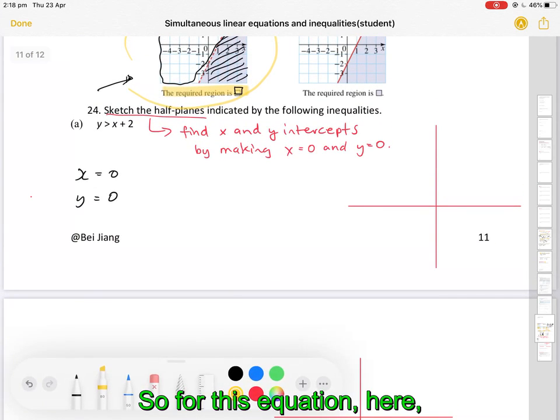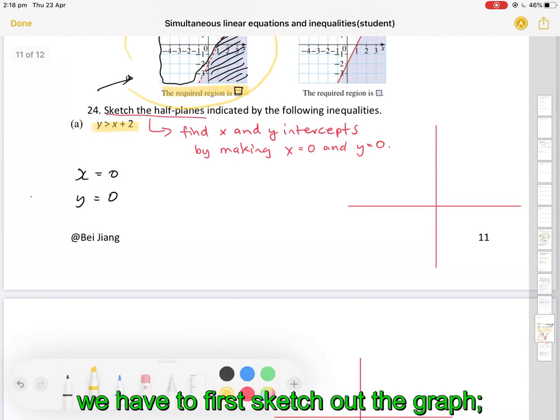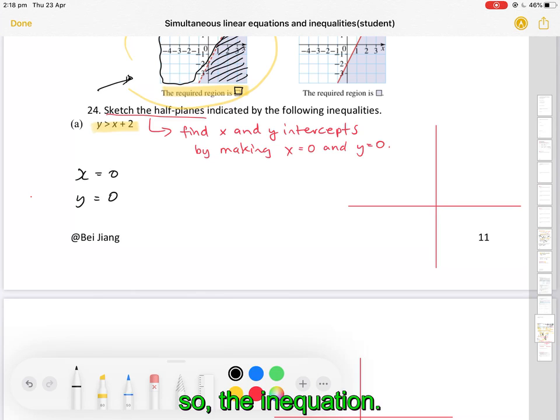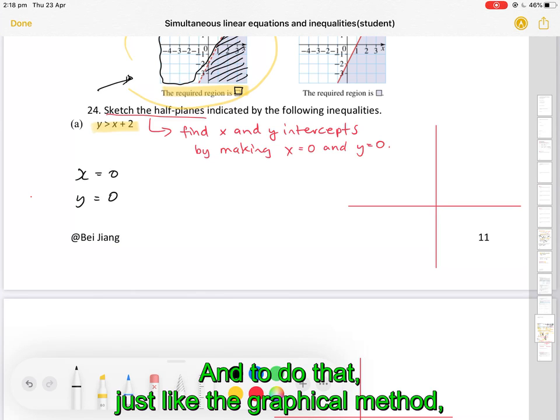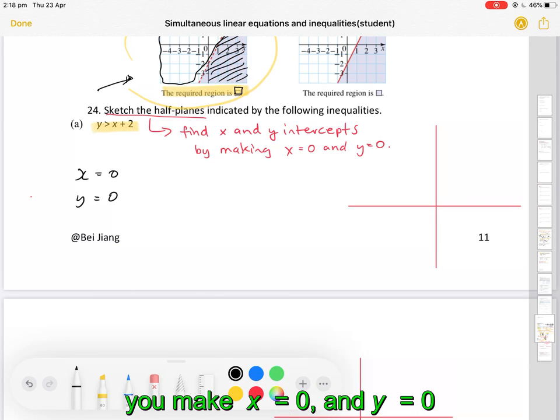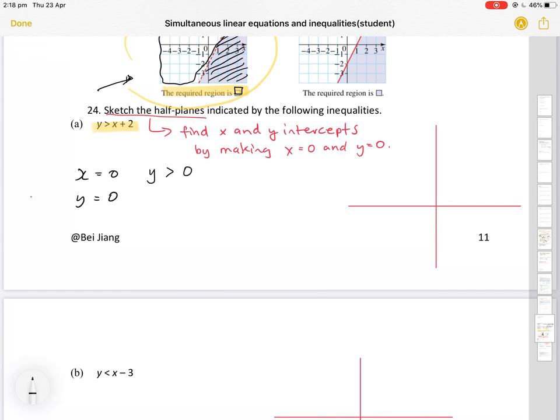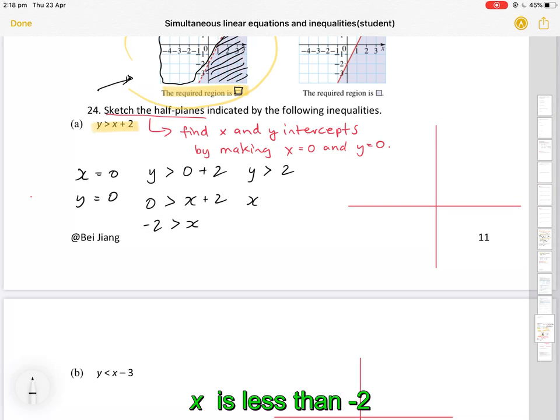So for this equation here, we have to first sketch out the graph of the inequation. To do that, just like the graphical method, we make x equals 0 and y equals 0. Y is greater than 2, and then x is less than negative 2.